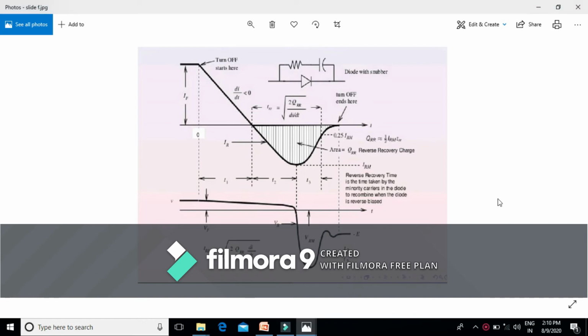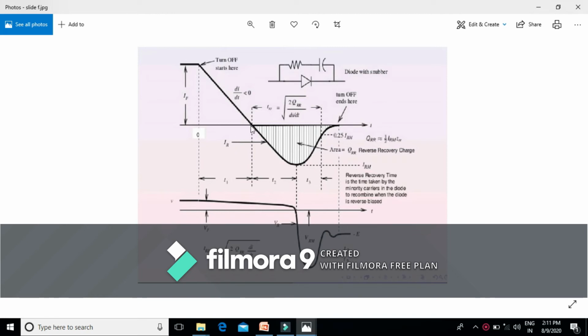The reverse recovery time is defined as the time between the instant when the forward current becomes equal to 0 and the instant when the reverse current decays to 25% of its maximum. When the forward current becomes 0, the reverse current flows till it reaches its maximum, called IRM, and after that it starts decaying till it reaches 25% of that reverse current.